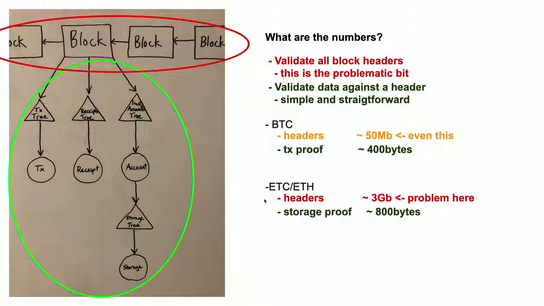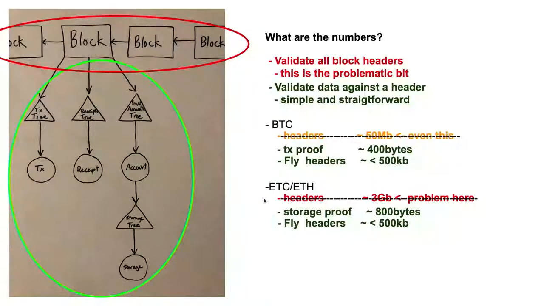On Bitcoin, it's 50 megabytes, and on Ethereum and Ethereum Classic, it's 3 gigabytes. This blows up any possibility of using this in a way that matches the user experience that everyone's used to with the internet and computers. If you have to download 3 gigabytes, that's going to take a while. And obviously, this is not good.